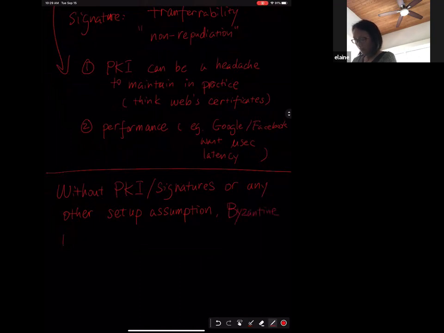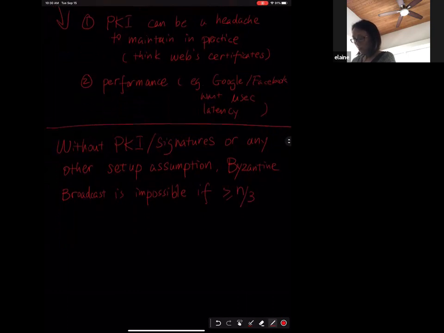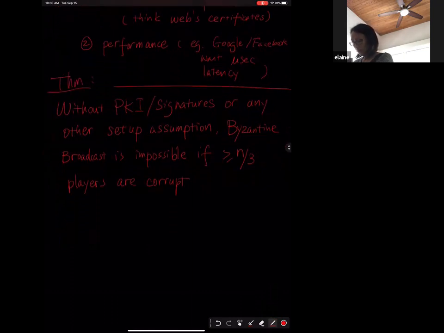So I'll write: Byzantine broadcast is in fact impossible if at least 1/3 of the players are corrupt. So this is the theorem.